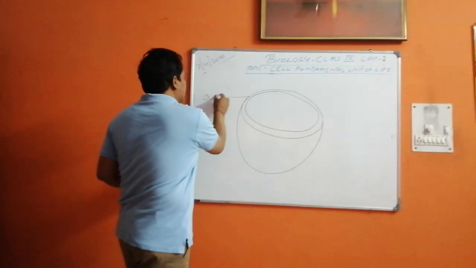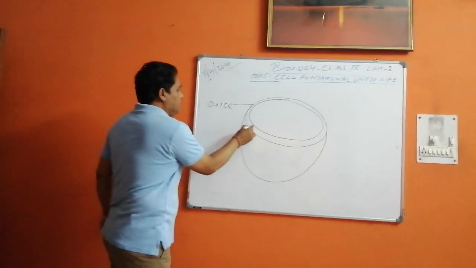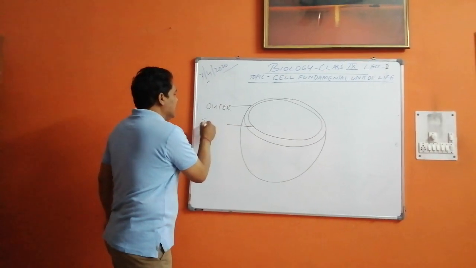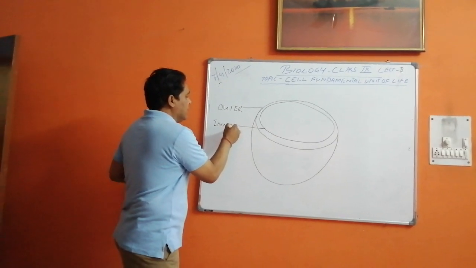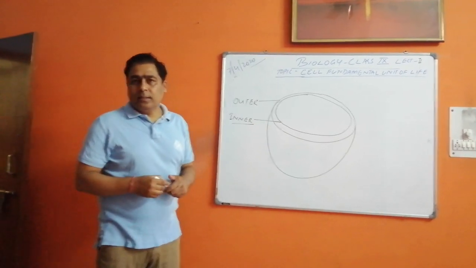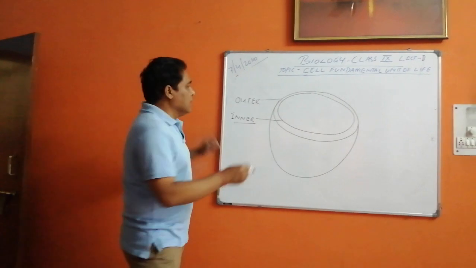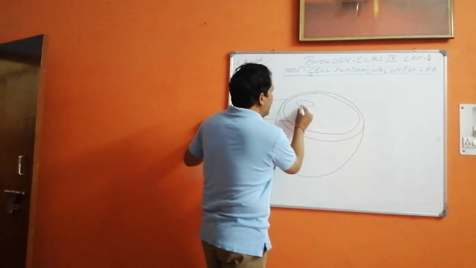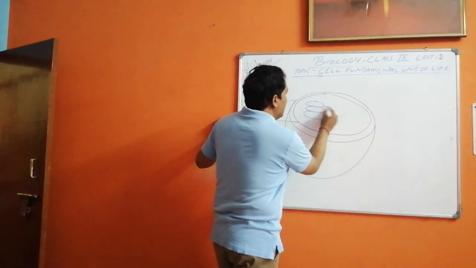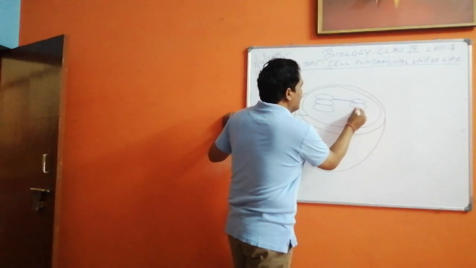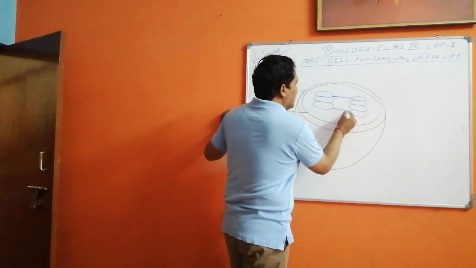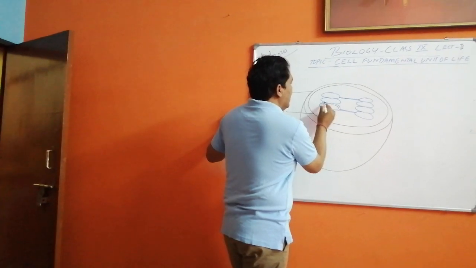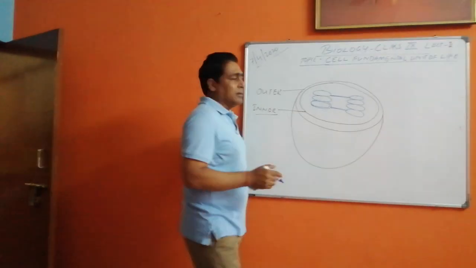This is its outer membrane and this is its inner membrane. So it has two membranes. And there are stack-like structures inside which are known as the thylakoids. Actually, the thylakoids are also membranous.